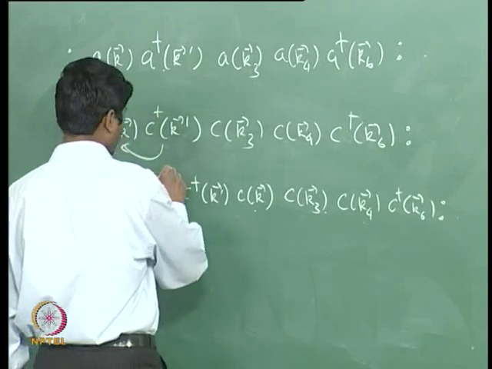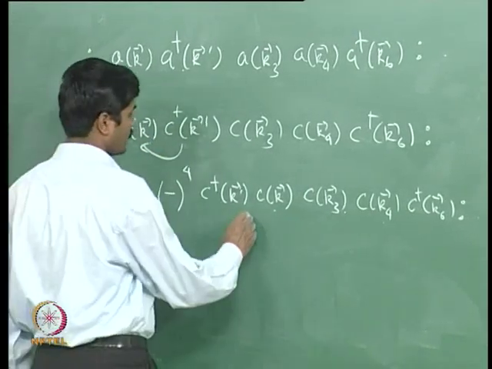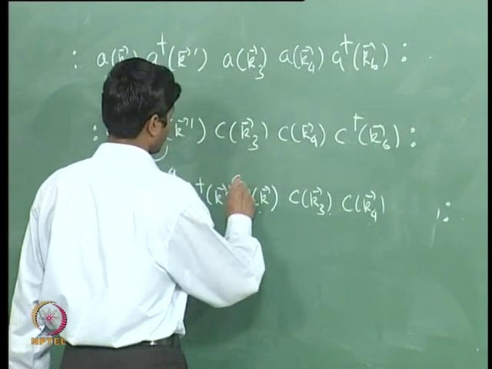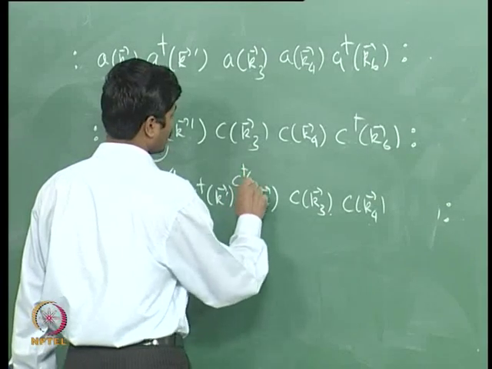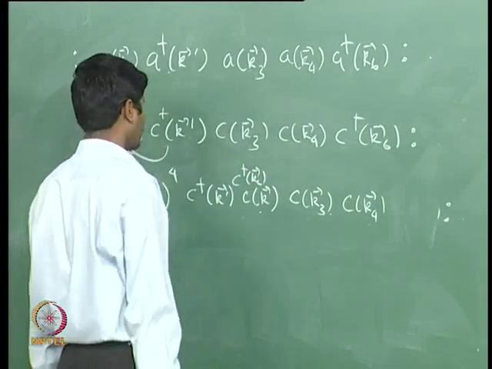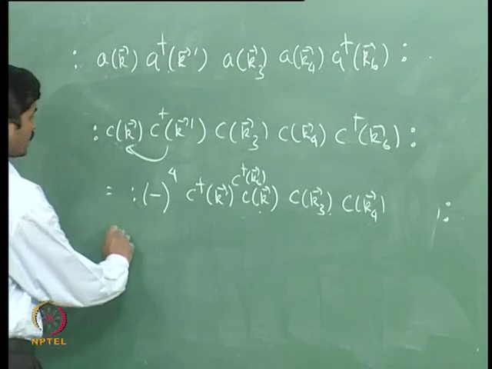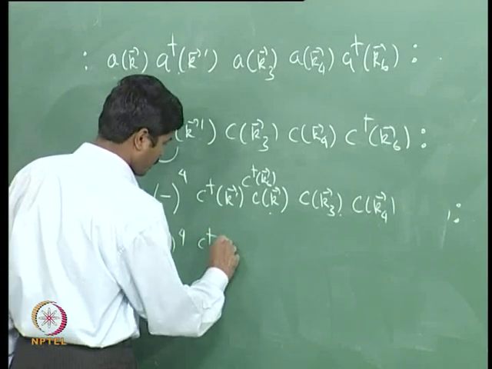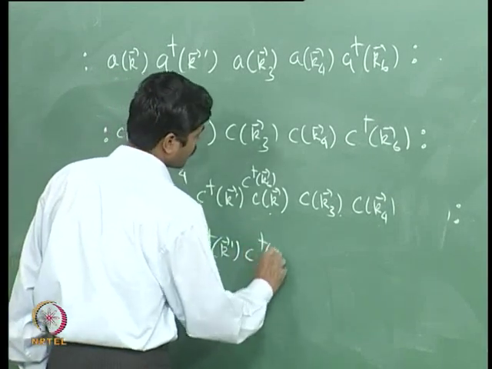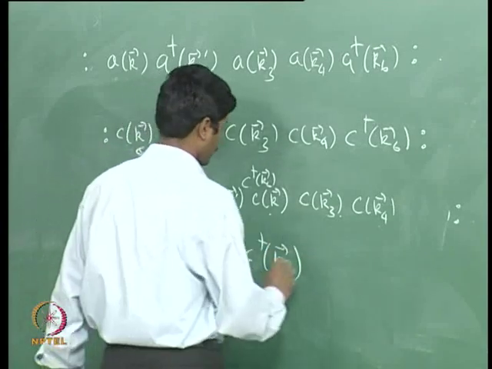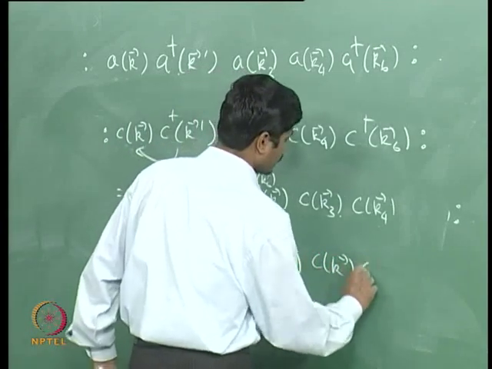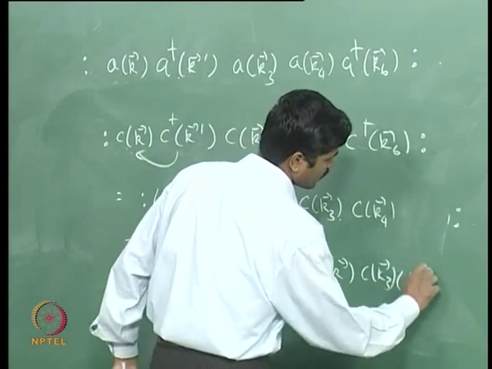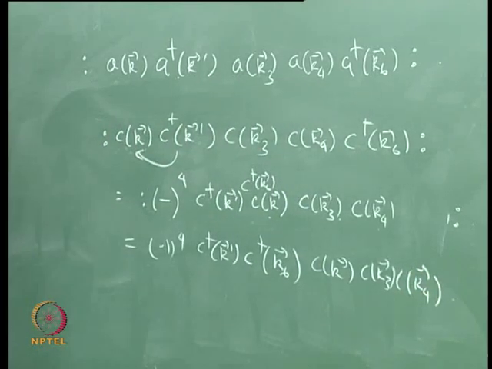So this is minus 1 to the power 4, C dagger of k prime, C dagger of k6, C of k, C of k3, C of k4, without any normal ordering.